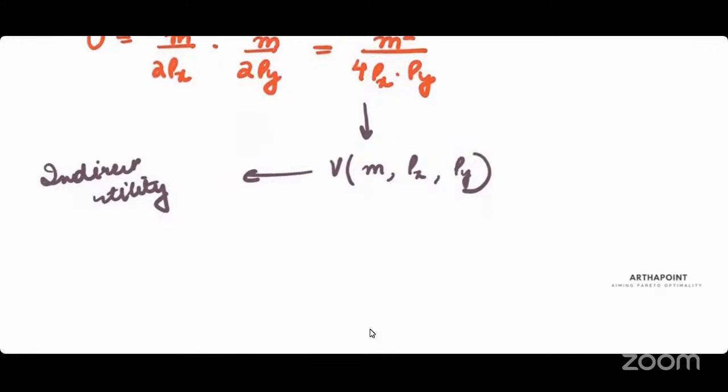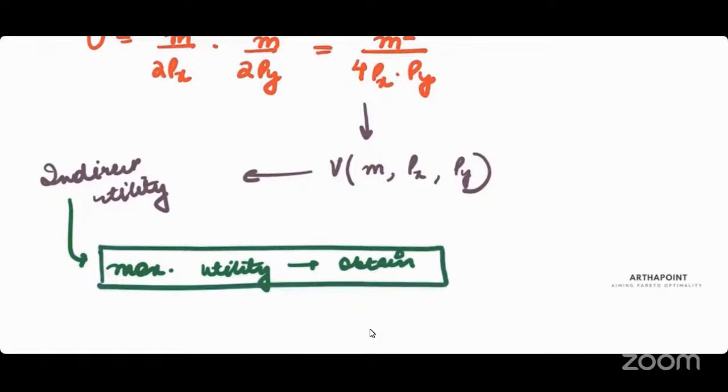So the indirect utility function really is the maximum utility that you can obtain. What is the maximum utility possible within your income, within your budget? That is called the indirect utility function.